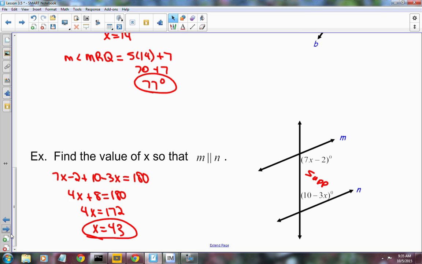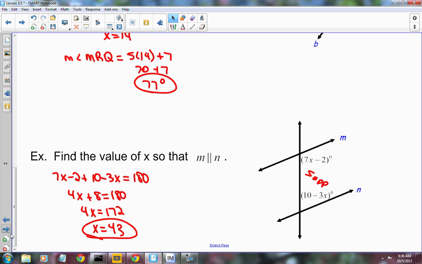All right. So, how can we prove lines parallel? Talk about four different ways to prove lines parallel. Okay, what's the first one? So if you can show that two lines are perpendicular to the same line, we've got parallel lines.